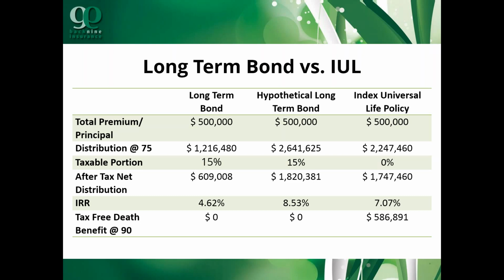So I scaled it back a little bit to 7%, just to take into account the markets and be a little conservative for our client here. So at age 75, you have $2.2 million. But what's super important, and the kicker, is the fact that there's 0% tax on these distributions. So the after-tax net distribution is $1.7 million. So a full $1 million more is going to be available to your client.